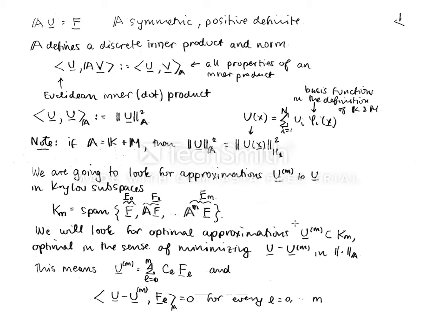Now we're going to be looking for approximations of this u vector in a series of subspaces. And the subspaces are called Krylov subspaces.